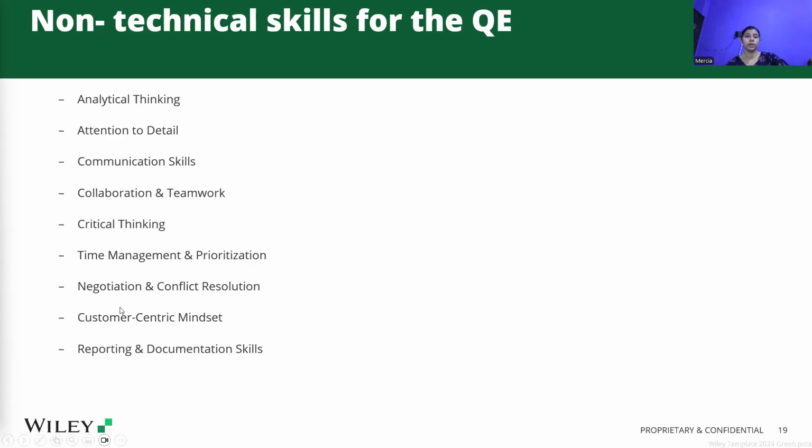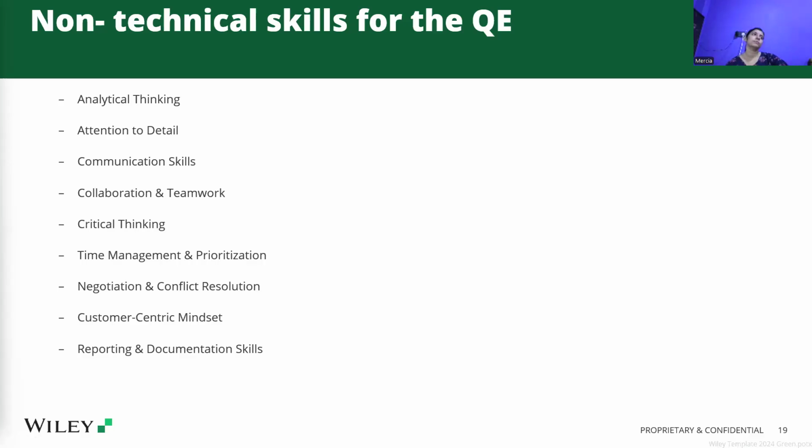Yeah. And then negotiation and conflict resolution. There might be some negotiation between a developer and a quality engineer, or maybe from the product team itself. So we have to handle all these disagreements.